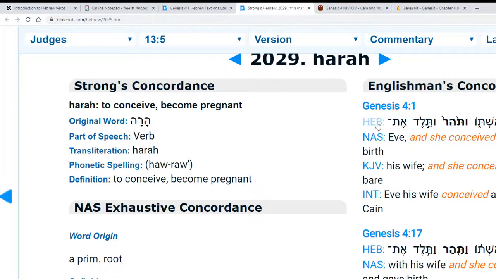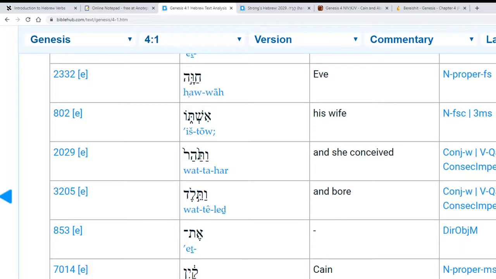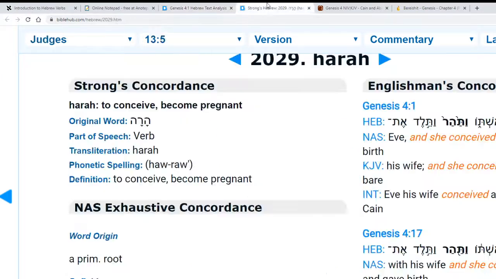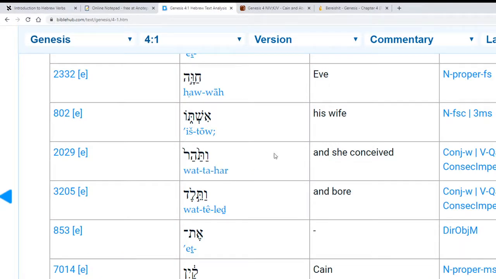They're saying that even though it starts with a tav here, it's because hey is a guttural, and it's a weak shoresh. So you can see how what I started off with happens, and how this can lead to disagreements between translators. Okay, vatahar, and she conceived, right? So this is in the kal form.